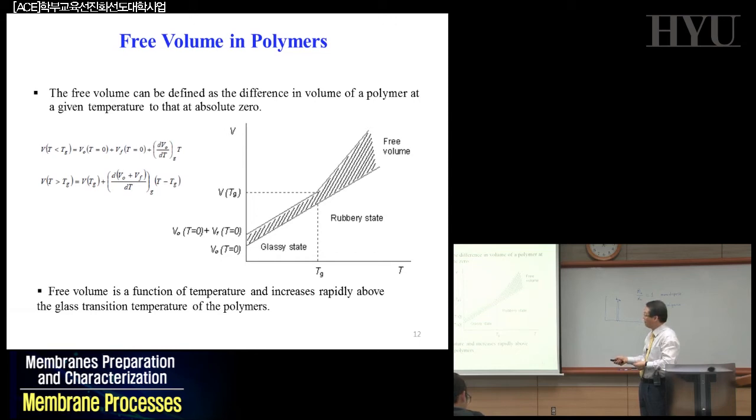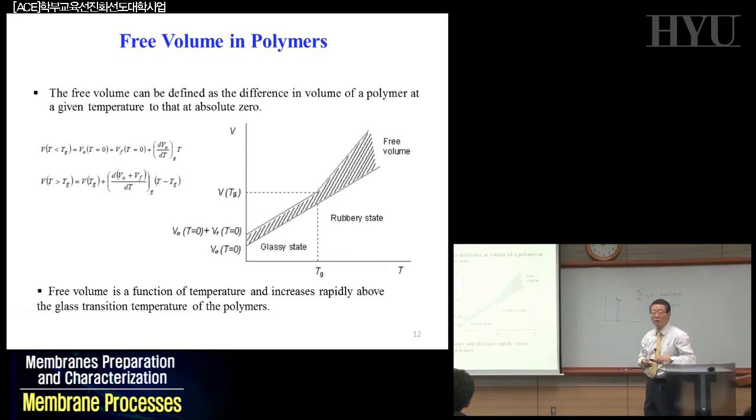And the volume will increase as a function of temperature, perhaps linearly, up to the glass transition temperature. Above the glass transition temperature, your polymer will move and follow this line. And the point where you have a change in the slope is called the glass transition temperature.